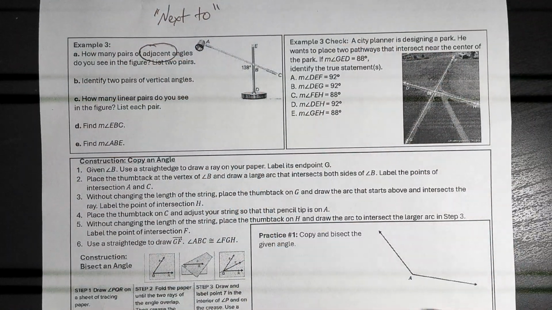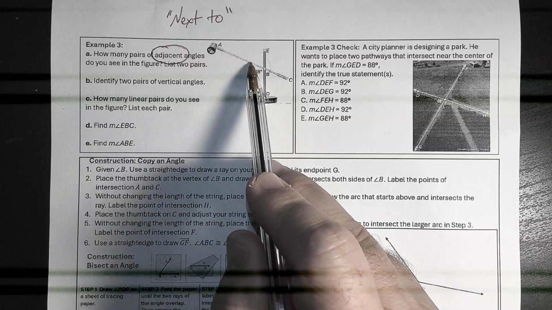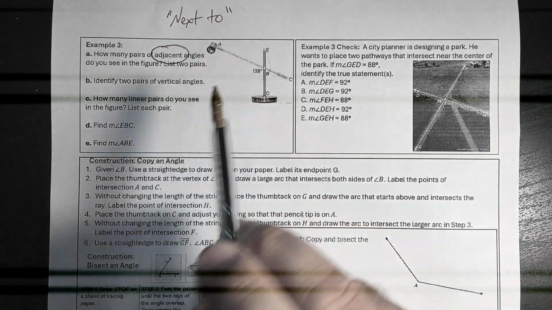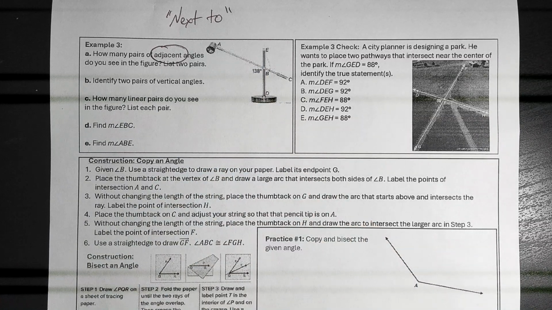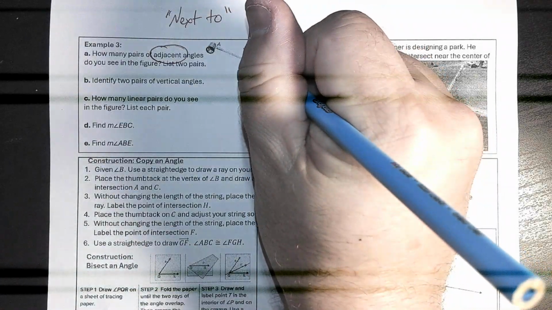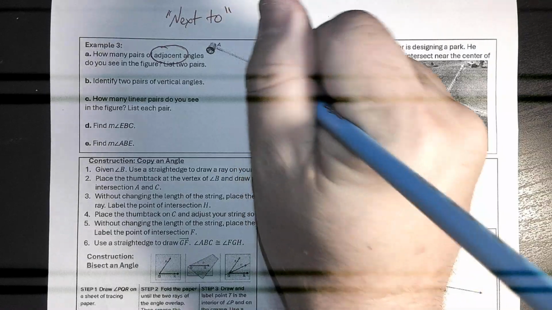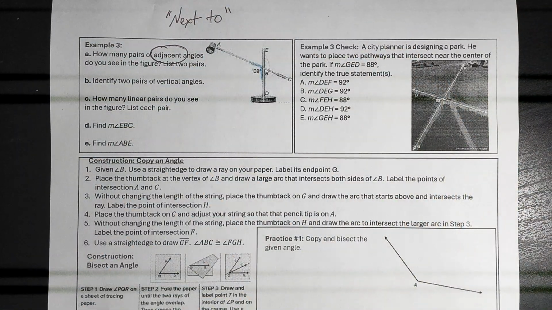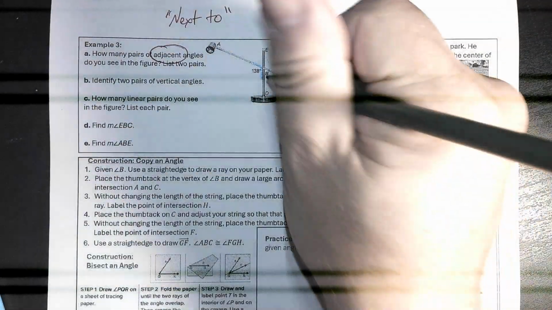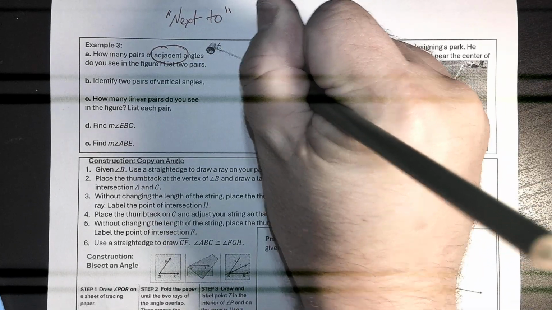Okay? So next to would be like this and this would be next to each other. I'm going to try to do these with colors, but it's kind of difficult because everything's going to have two. So like this guy and this guy would be next to each other. This guy and this guy would be next to each other.